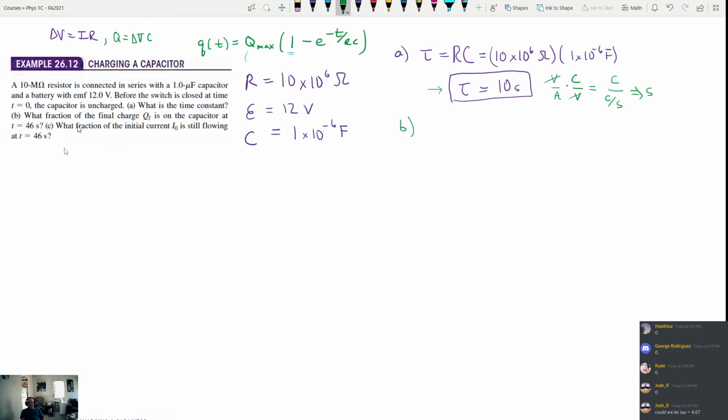Any other ideas? What do we want to do? We want to find the fraction of the final charge that's on the capacitor at t equal to 46 seconds. How could we do it? Using the equations that you see here.